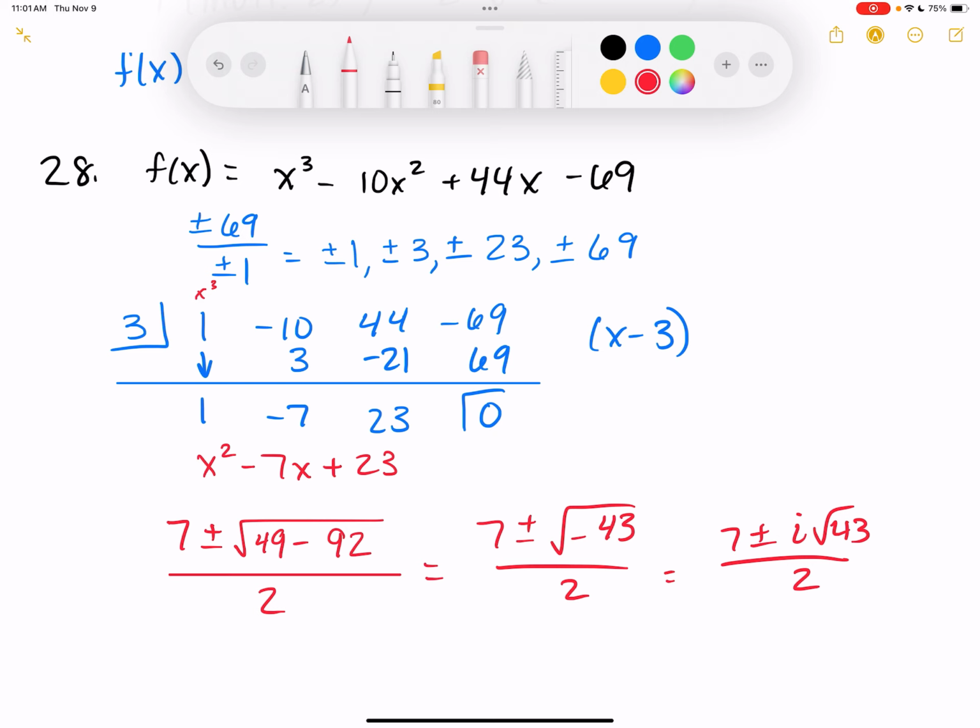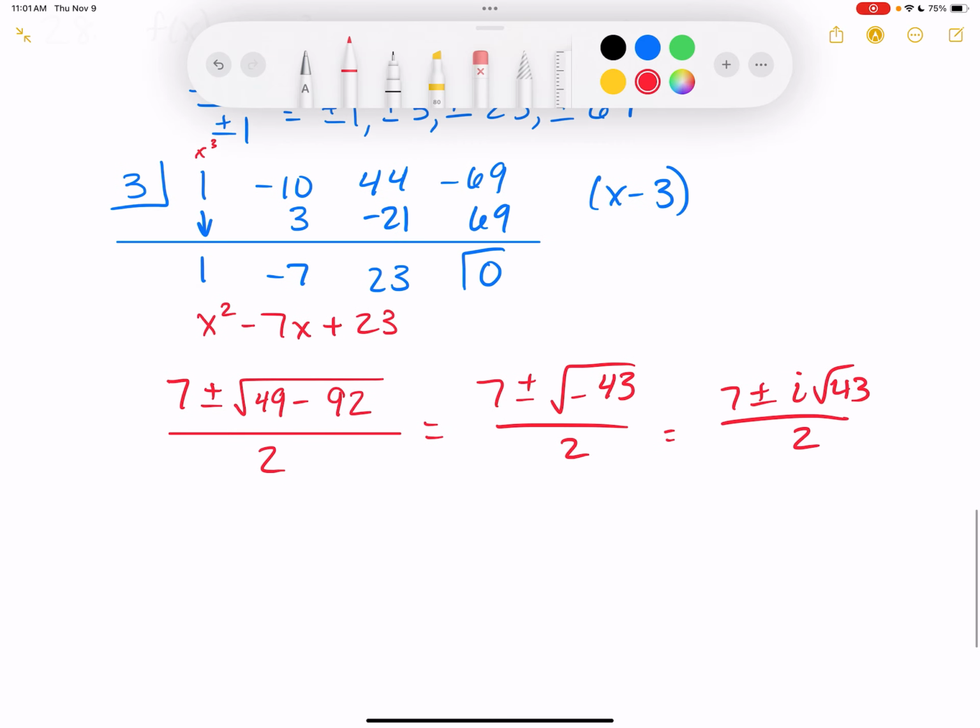So when I do my 2 factors, I'm going to have basically this whole thing. x equals this, okay?